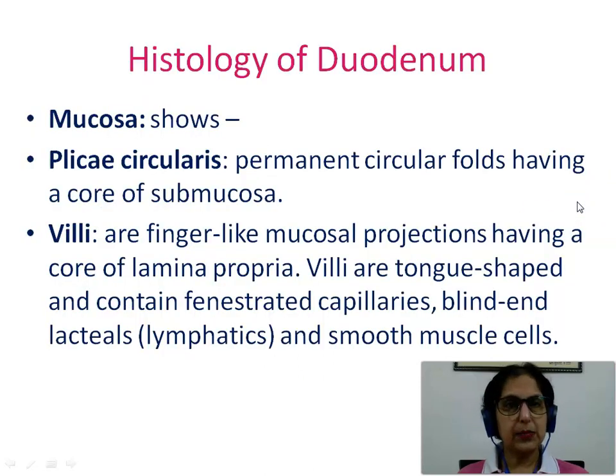Mucosa. Mucosa shows plicae circularis. These are permanent circular folds having a core of submucosa. Villi. These are finger-like mucosal projections having a core of lamina propria. Villi here are tongue-shaped and contain fenestrated capillaries, blind end lacteals or lymphatics, and smooth muscle cells.